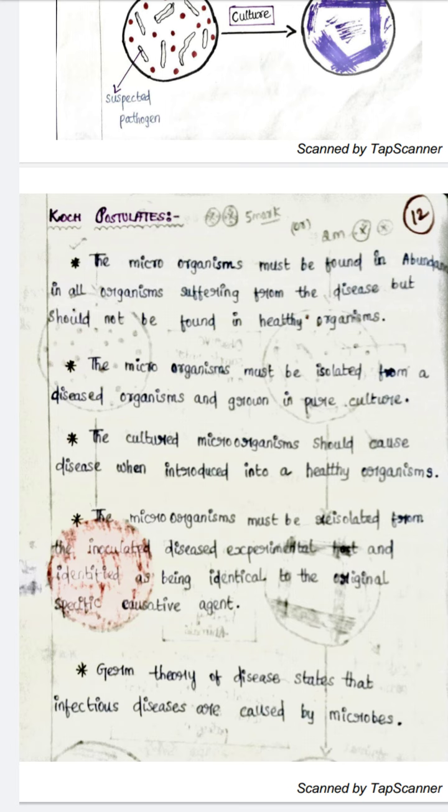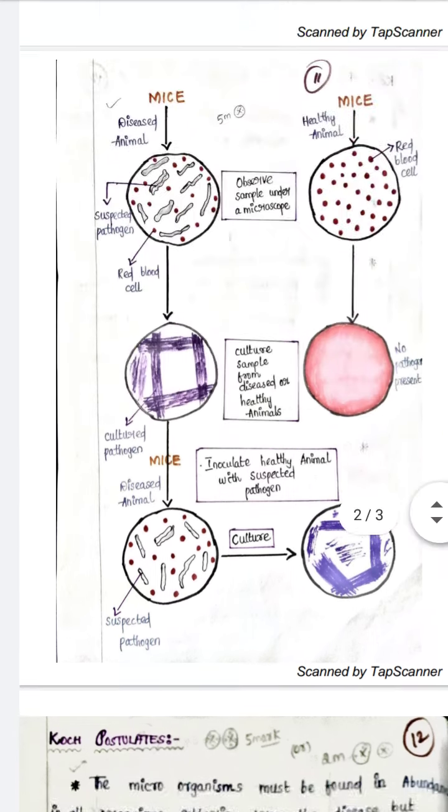Next, the cultured microorganism should cause disease when introduced into a healthy organism. Next, the microorganism must be re-isolated from the inoculated diseased experimental host and identified as identical to the original specific causative agent. This is the Robert Koch postulate.